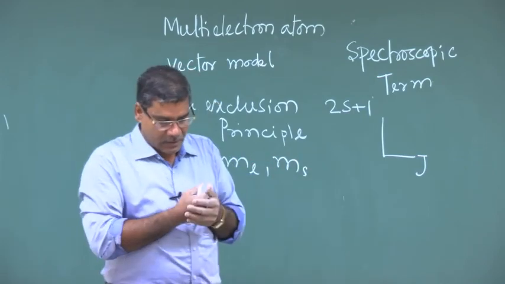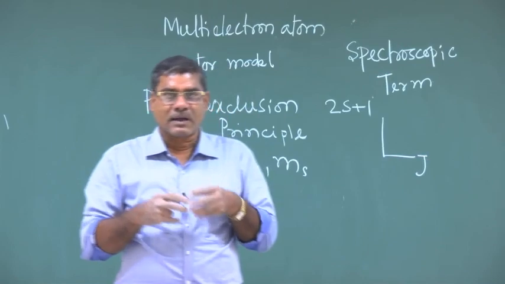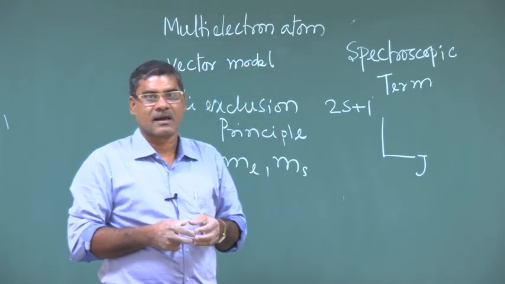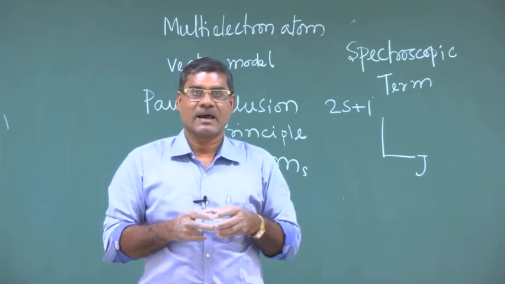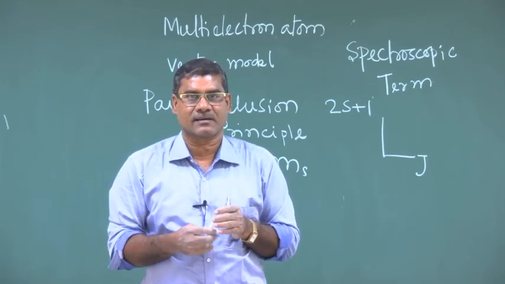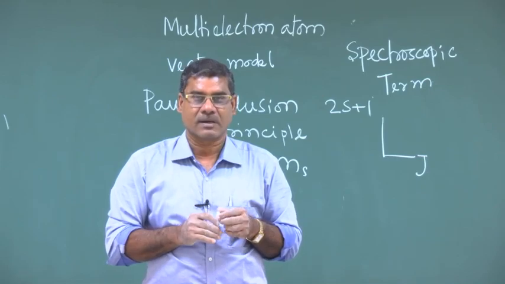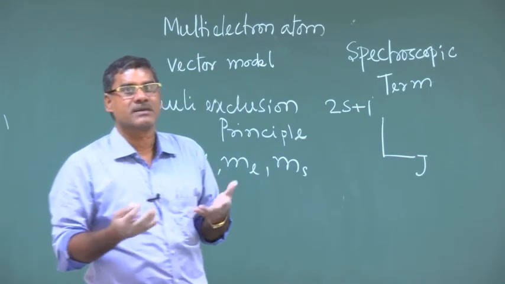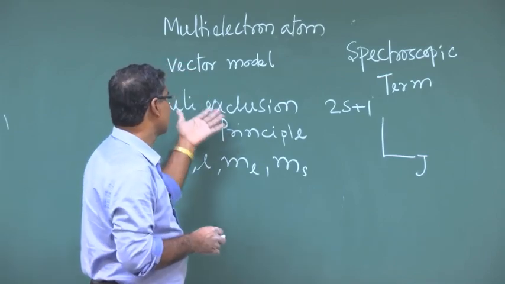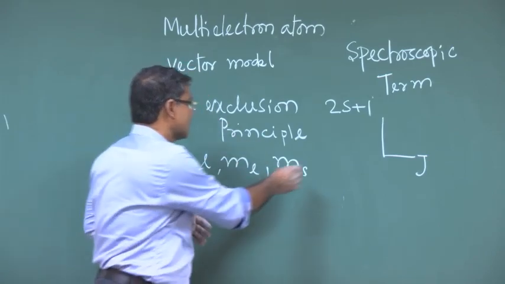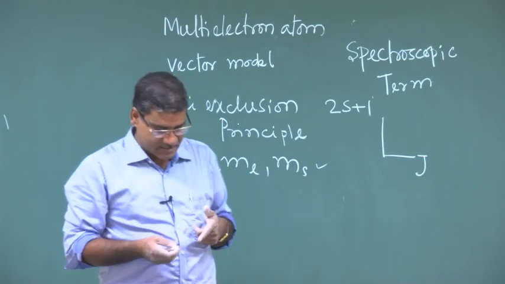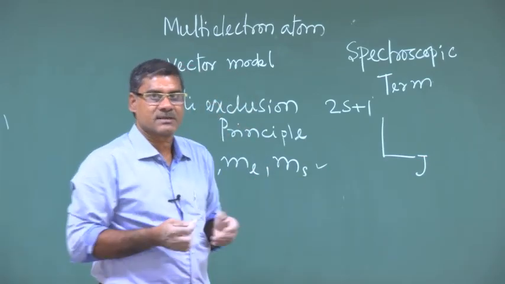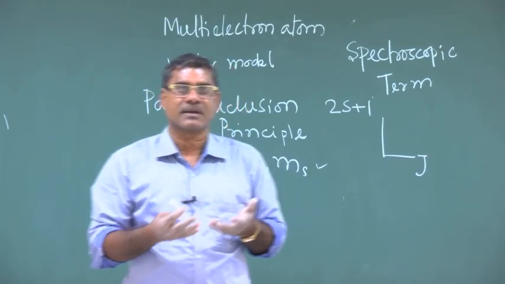Or, in another way, the quantum state of multi-electron atoms has to have an antisymmetric wave function. People also define it that way. So, there are different ways the Pauli exclusion principle is explained. You are familiar with the first one, and in quantum mechanical language one uses symmetric wave function and antisymmetric wave function.